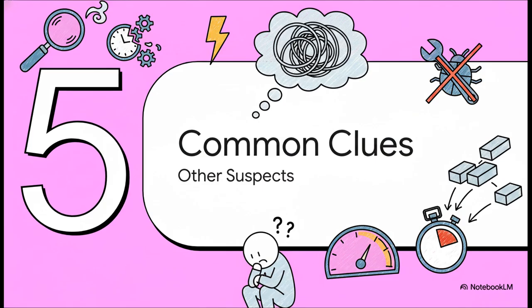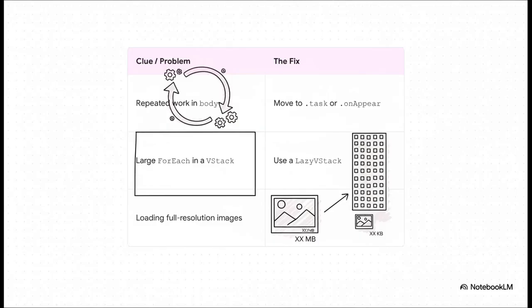So that main thread culprit is a really common one, but it's not the only performance problem you're going to run into. Let's take a look at a few other usual suspects that you should keep an eye out for in your own projects. Here are 3 more classic clues. First, like we saw, any repeated work in the body needs to be moved to a .task.